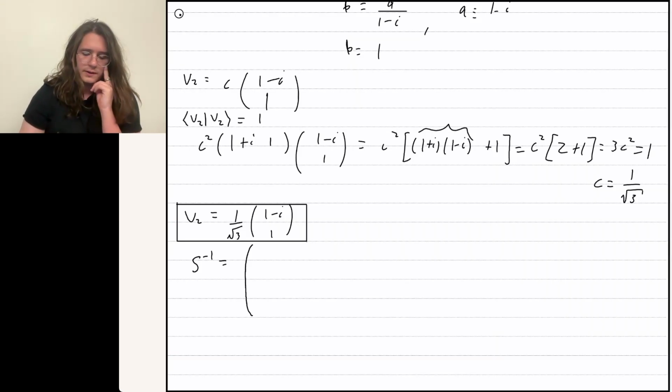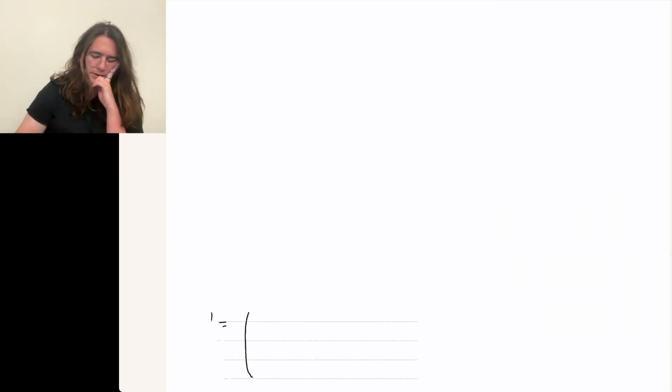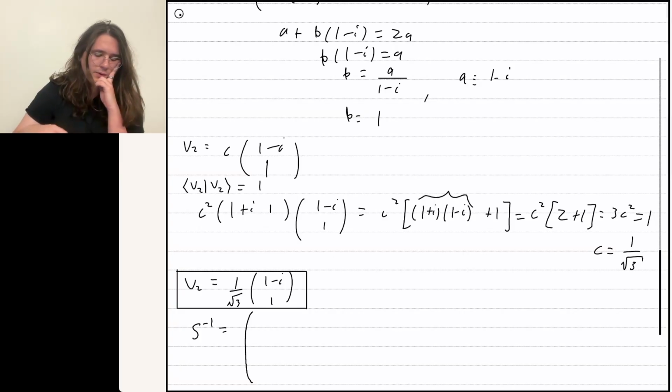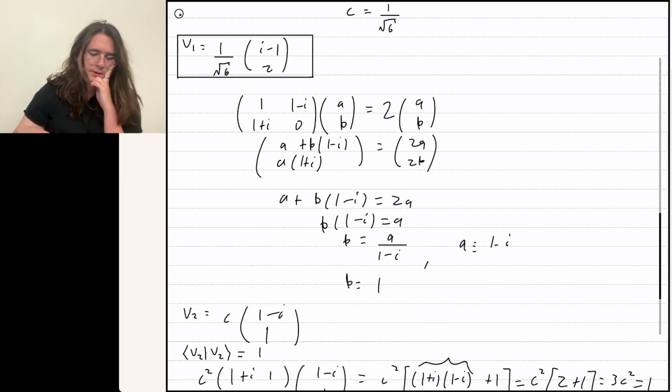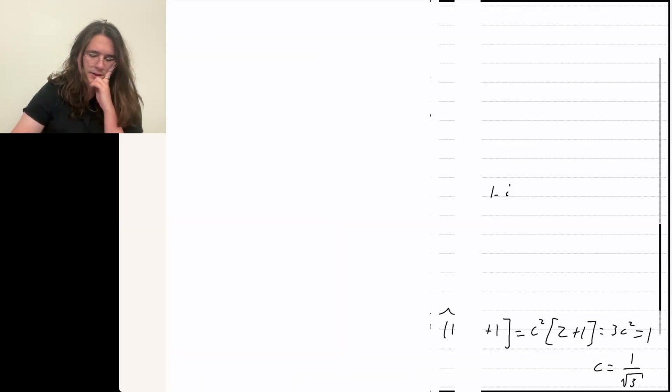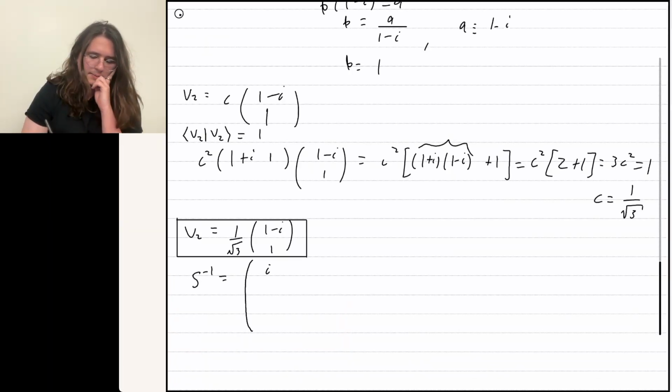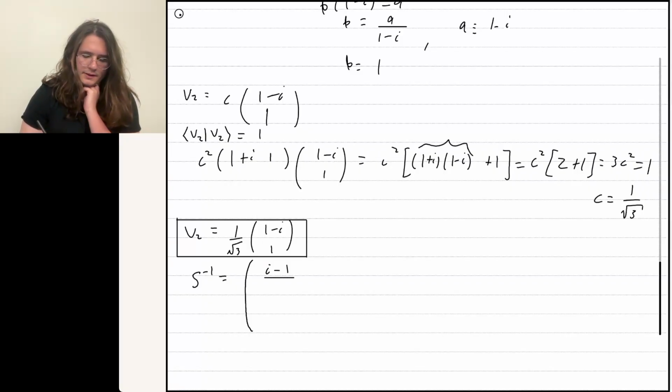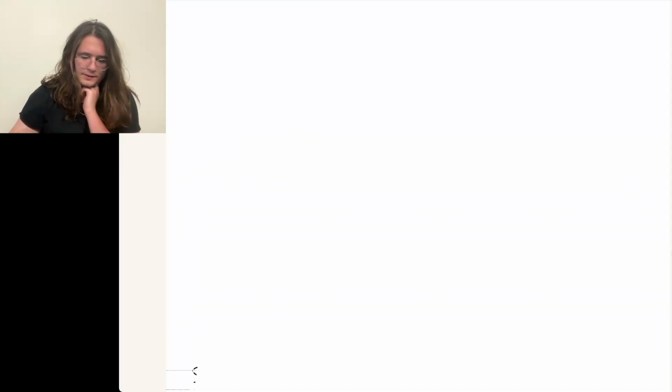So column 1 is going to be the first eigenvector, so 1 over root 6 times (i minus 1, 2). So I'll write it like this, i minus 1 over root 6, and then 2 over root 6, right?